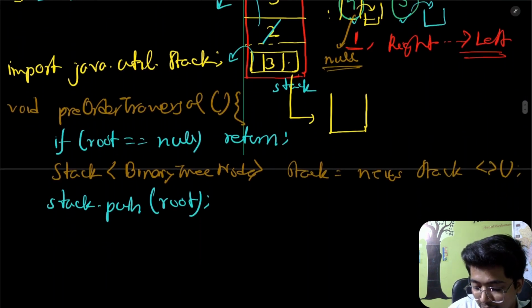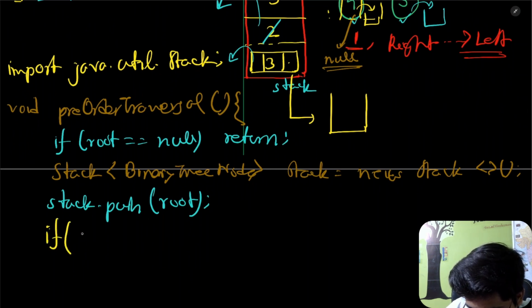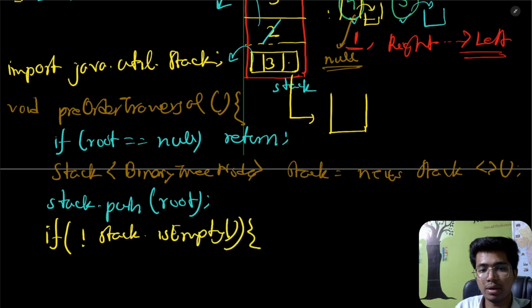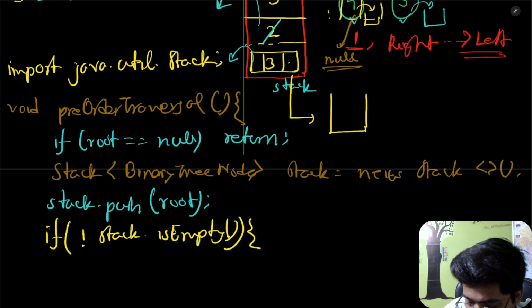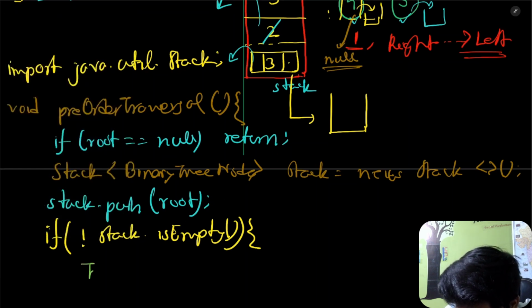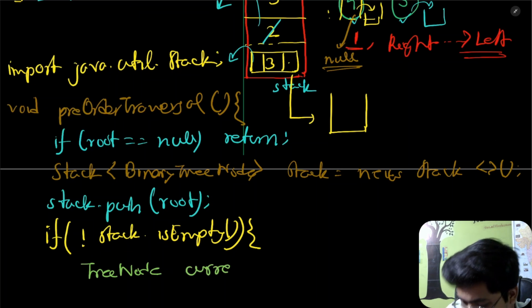So for that we'll be writing if not of stack.isEmpty. That means if the stack is not empty, then only we will proceed further. And for that, now we'll be creating our current node. BinaryTreeNode currentNode.